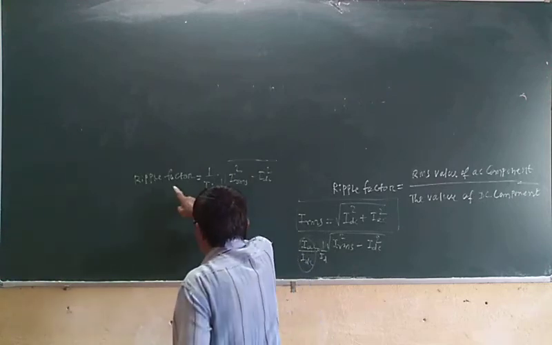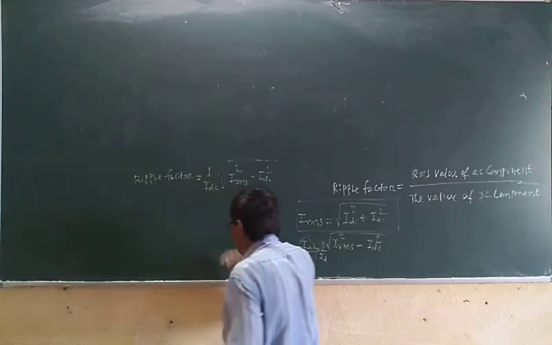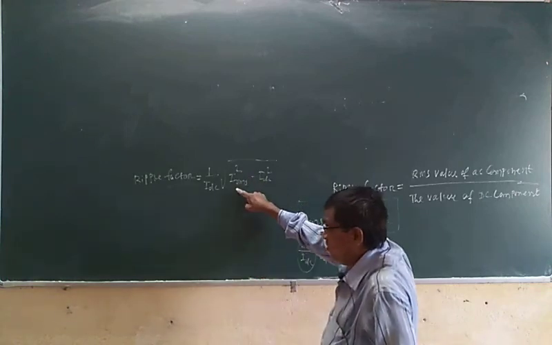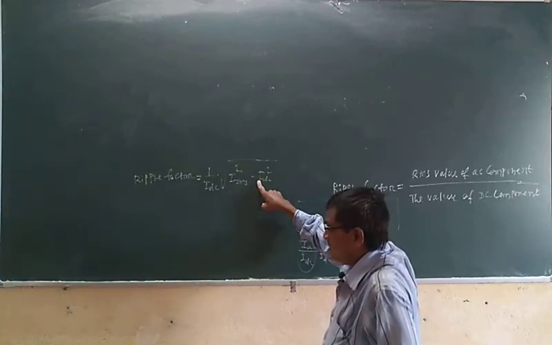This ratio IAC to IDC is the ripple factor. So the ripple factor equals 1 by IDC times the square root of IRMS square minus IDC square.